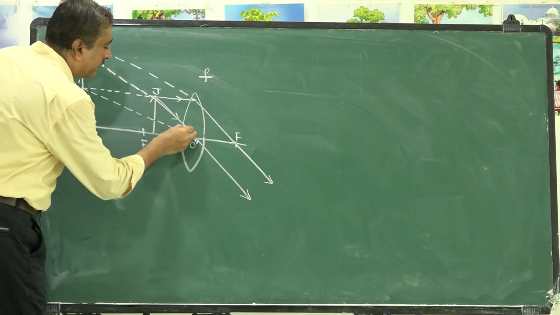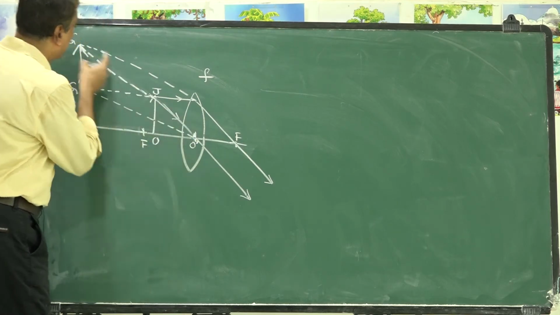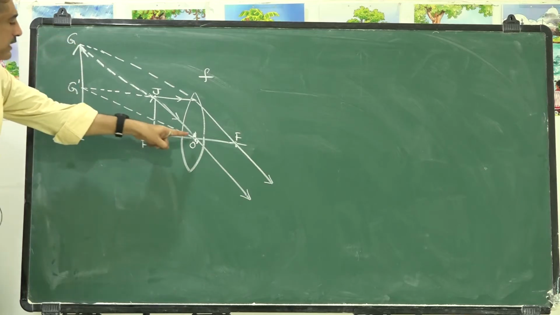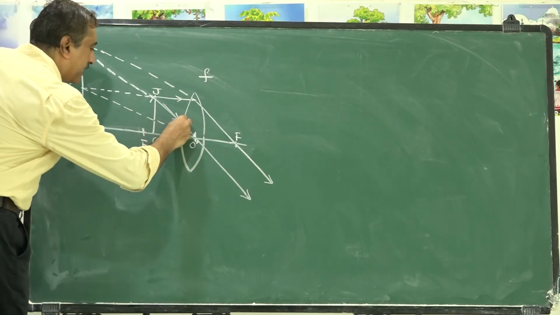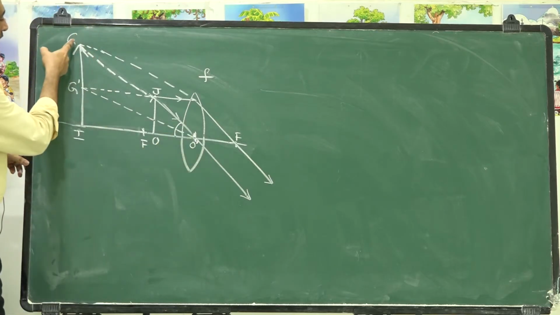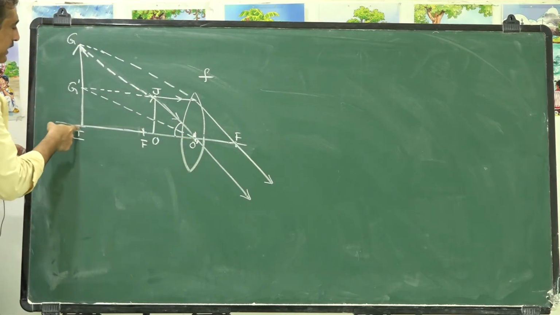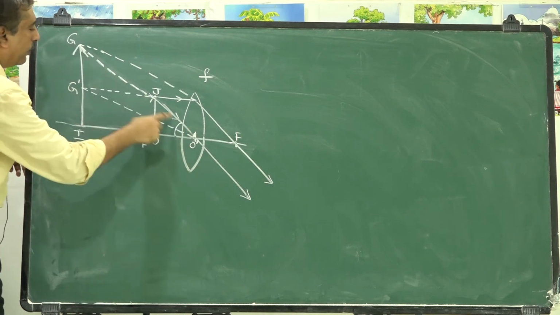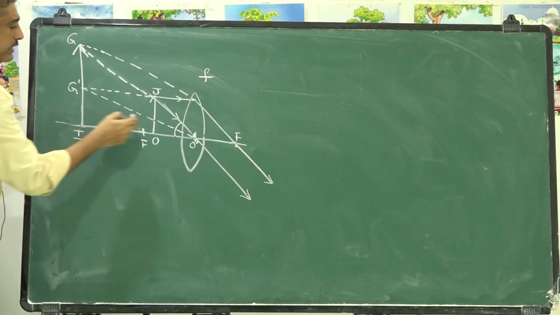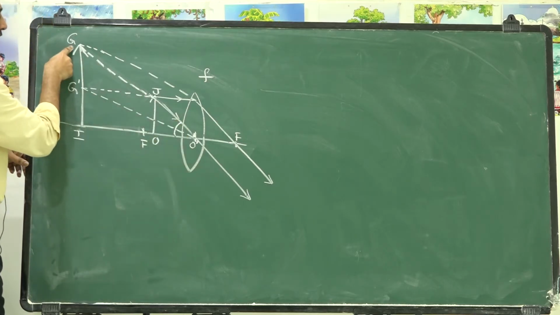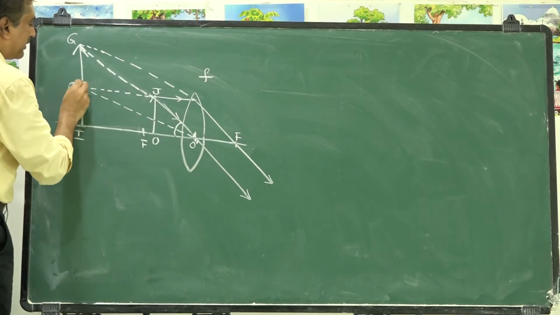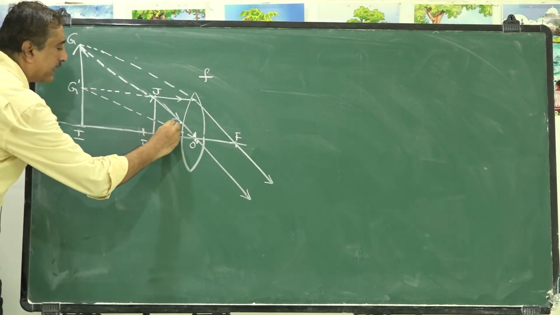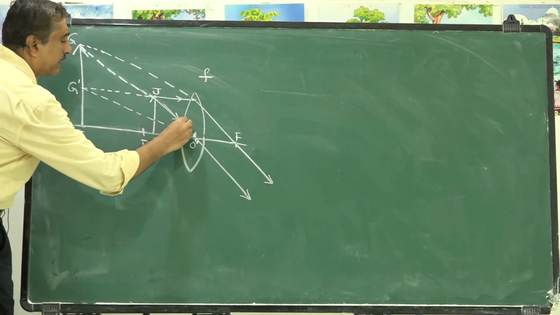So the angle subtended by the object like this. So the angle subtended by the image is here. That means in triangle I G O dash, this angle between the G O line and the I O line is the angle subtended by this image, and similarly the angle subtended by the object when imagined at this position is this angle.